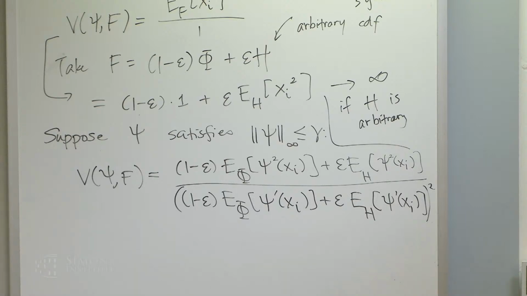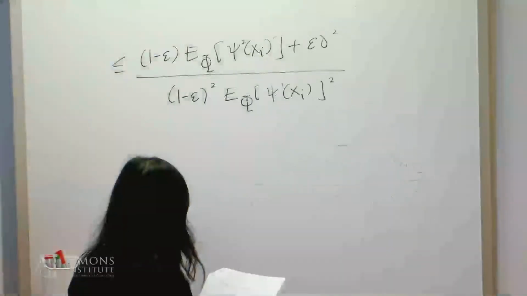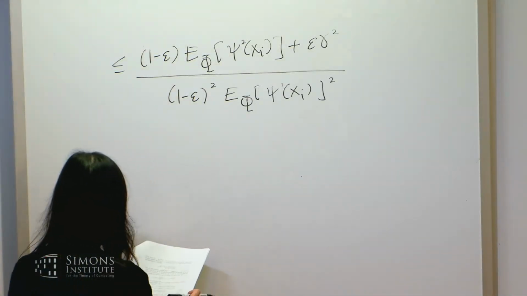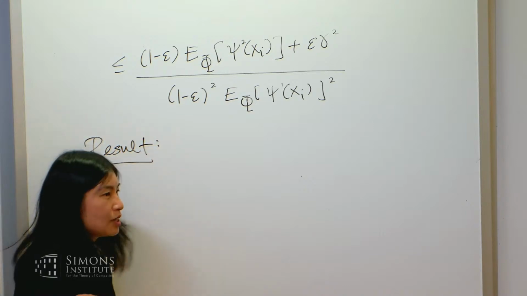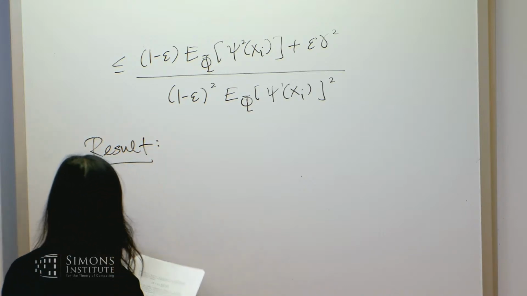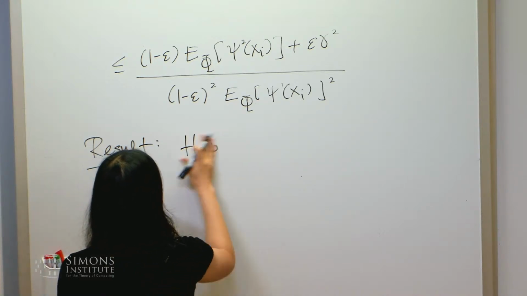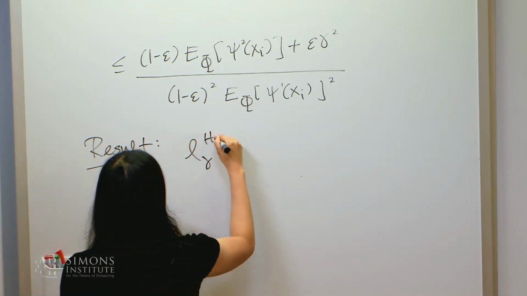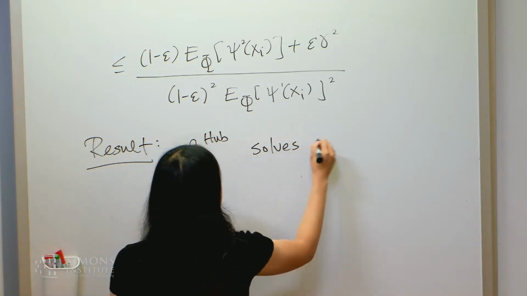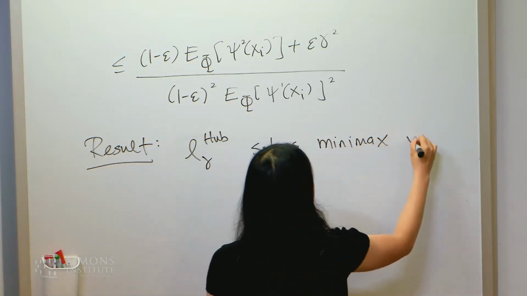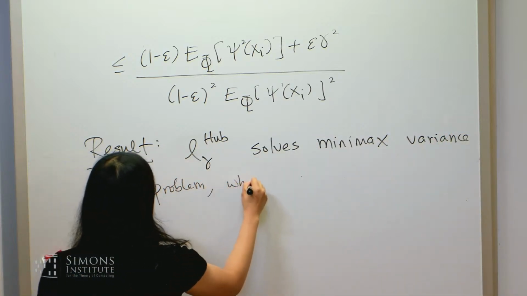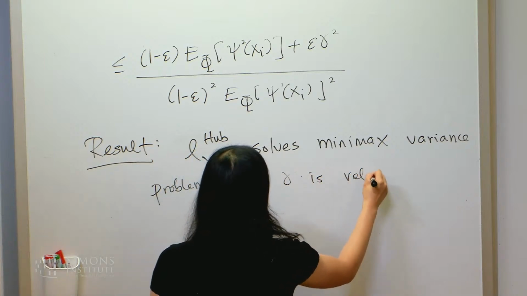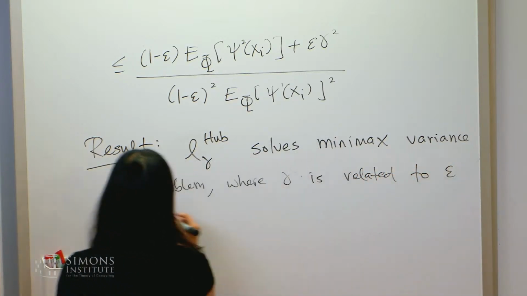Okay, so this is a motivation, not a proof that Huber is a good thing to do. I'm not going to actually prove that Huber is the best thing to do, but I'll just say that the result, which was one of the main results, but not the only one in Huber's 1964 paper, is that the Huber loss, L gamma Huber, solves the minimax variance problem, where gamma is related to epsilon via some implicit equation.